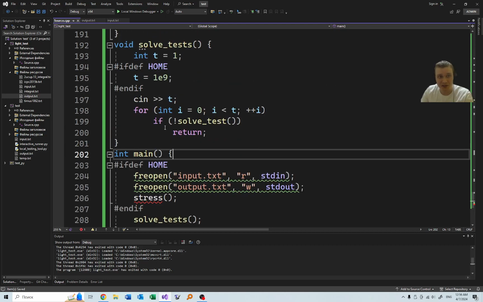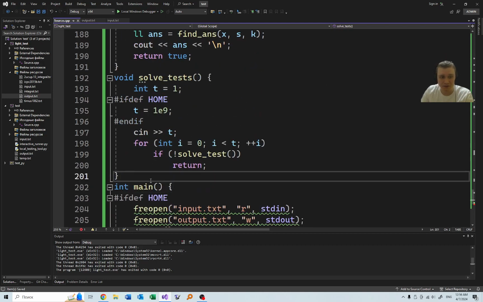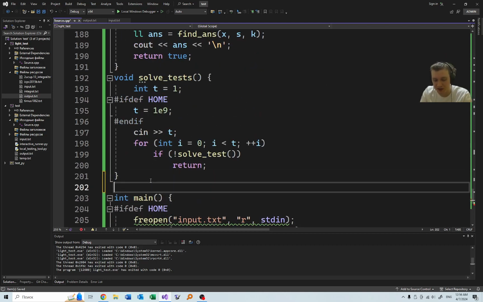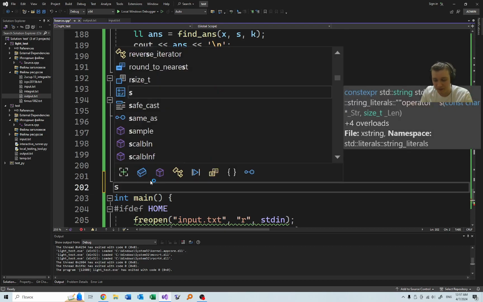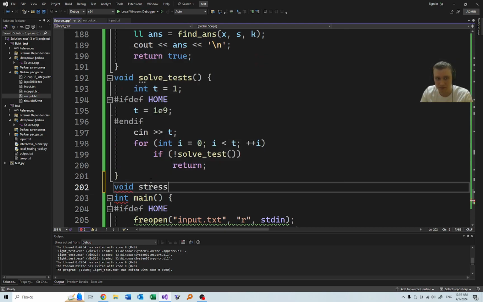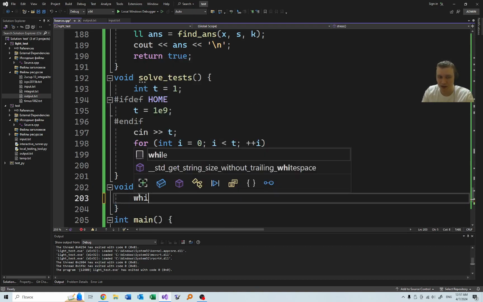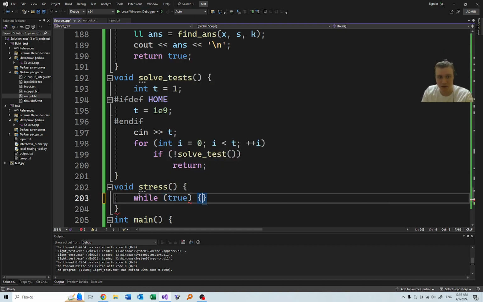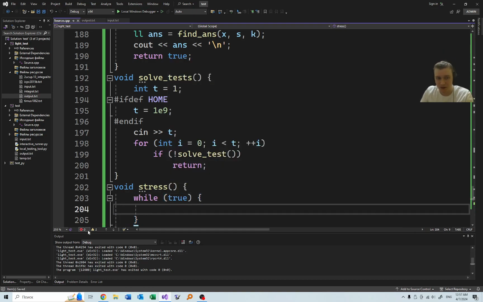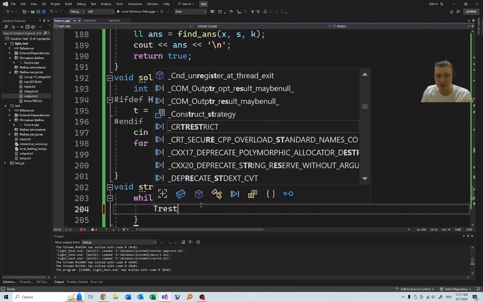Stress is kind of a standard function, however, it always takes quite some time. So what do you need in stress? You need several things. Basically, it's just an infinite cycle. So first of all, you're trying to create a test.